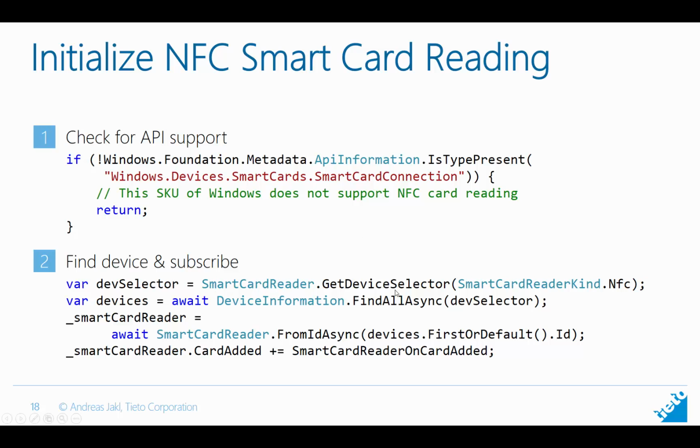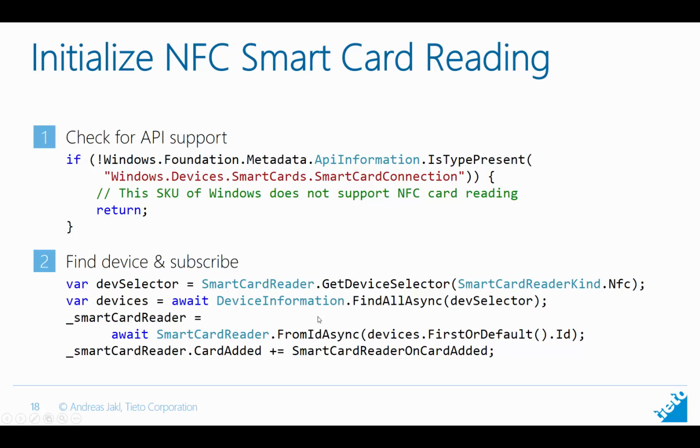From the smart card reader, you just get, first of all, the device selector. So you say which specific interface you would like. In this case, we specify we want a smart card reader that works using NFC. Then you ask it, please give me all the smart card readers in the device that support NFC, which is, of course, usually one.